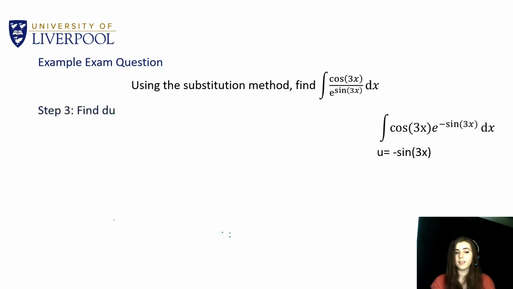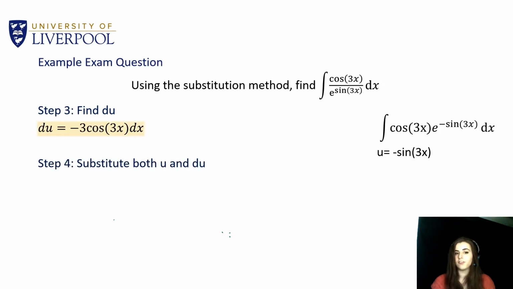So finishing off step number 3, we get du equals minus 3 cos 3x dx when I times by dx. And we are going to substitute both our values for u and du into our equation. So first, u is really easy.